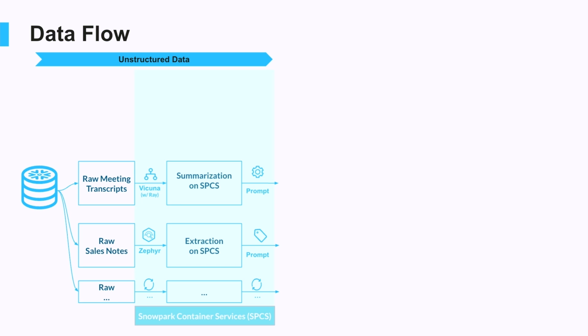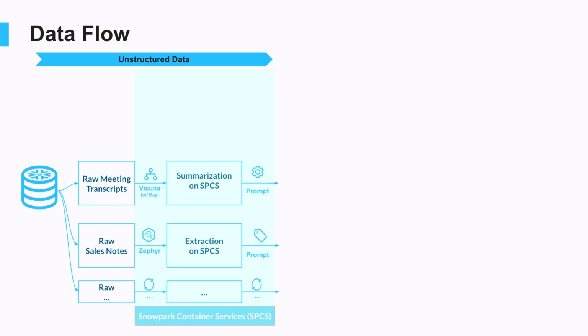So for the sales assistant case, I start from the left-hand side, where I have all the raw data and unstructured data. And then I use Snowpark Container Service to pre-process them.